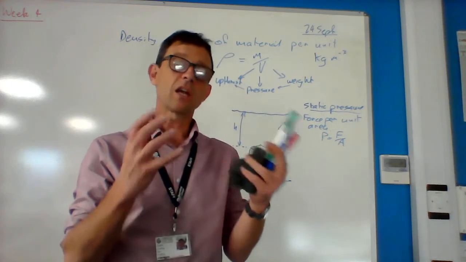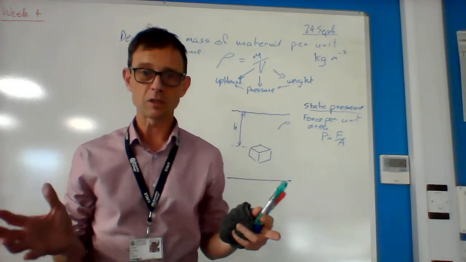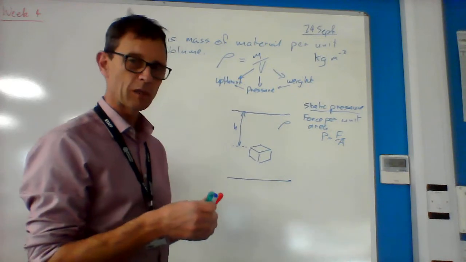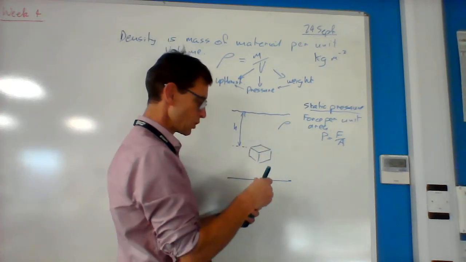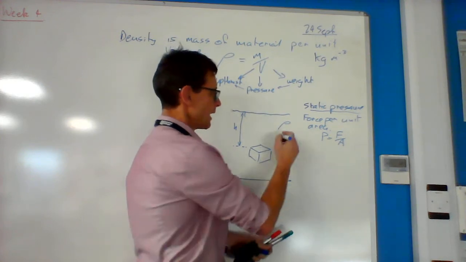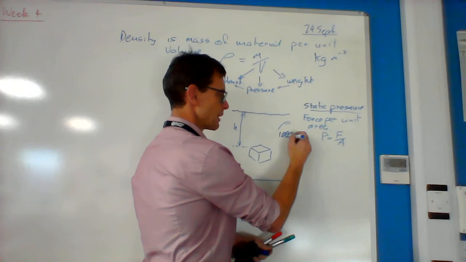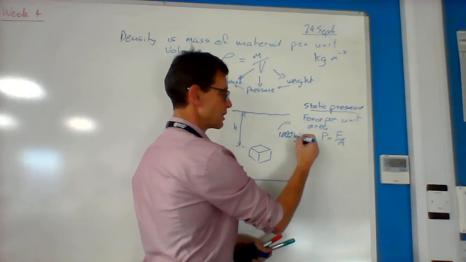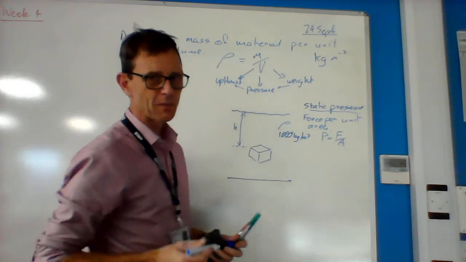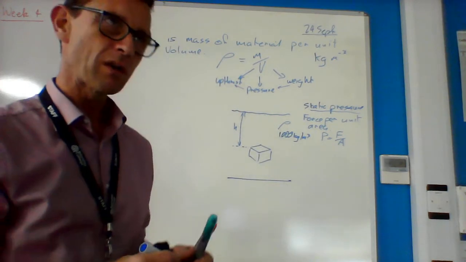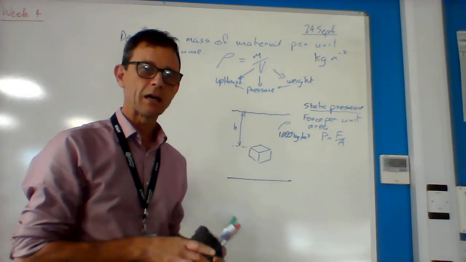So generally, at room temperature that we are at the moment, and possibly a bit cooler, not too much hotter, definitely, the density of water would be 1,000 kilograms per meter cubed. Okay, metals are around about 7,000. Rock is around about, it depends on the type, but again, around about 4,000.